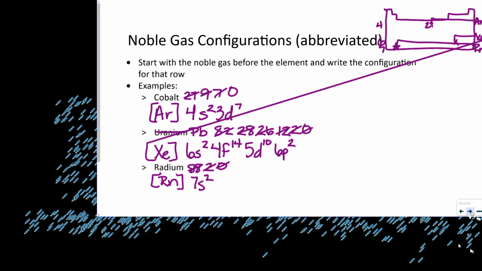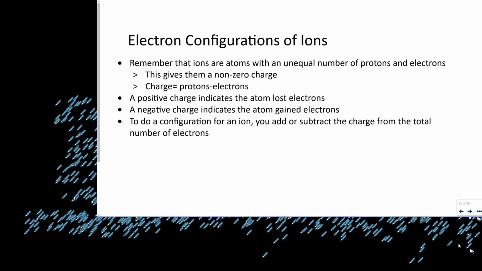All right, another thing that we may come across is ions and writing their electron configuration. This is something that you're going to see in our flame lab as well. So remember we talked about last unit, ions are substances where an atom has an unequal number of protons and electrons. So it either gains electrons or loses electrons and has a charge.